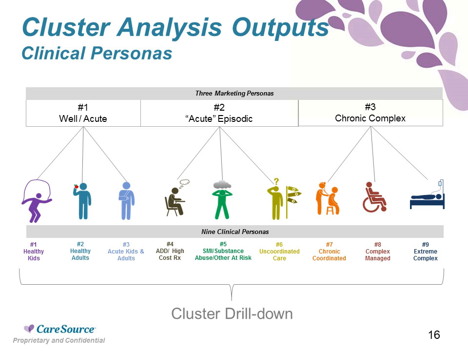The acute episodic group is somewhat unique. All of these go across the continuum of care, but the acute episodic group has a little bit of uniqueness to each of the segments. Group 4 is primarily high-cost drugs, and a good portion of that is kids with ADD.